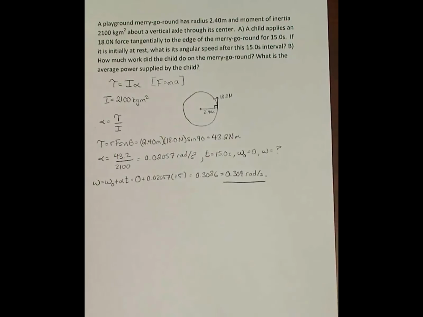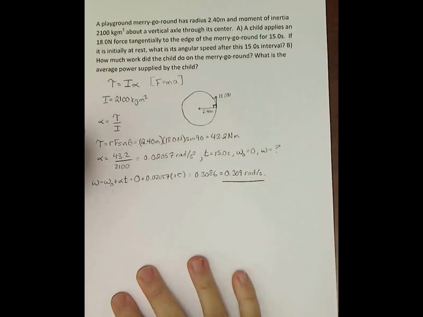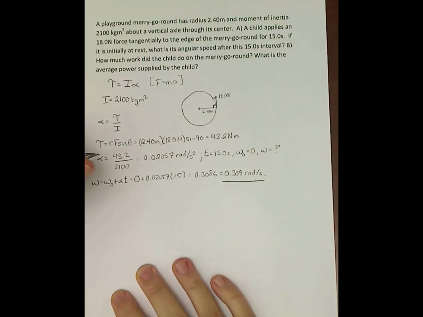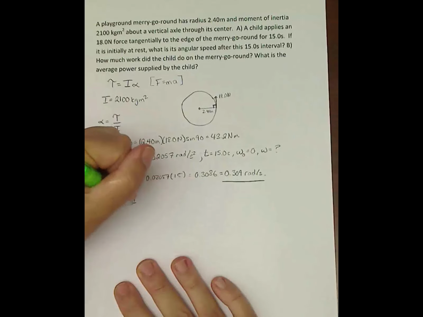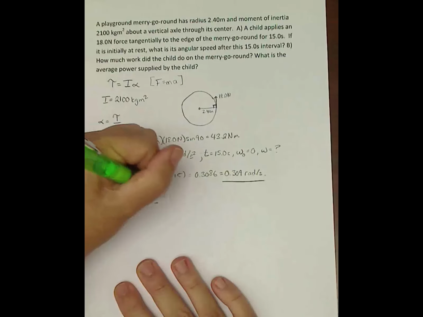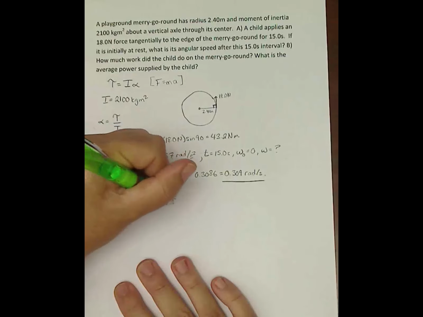Alright, part B now. Part B: how much work did the child do? Okay, well, how are we going to calculate the work? Work is going to be equal to the change in kinetic energy of the merry-go-round. So that's 1/2 I omega squared minus 1/2 I omega initial squared.